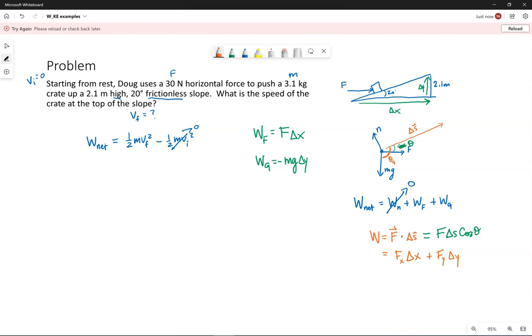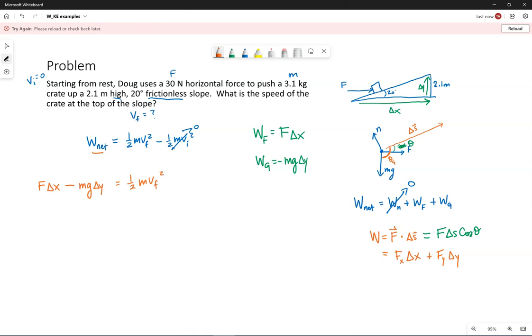All right, so for my net work, my pushing force F, delta X means the horizontal displacement. Work done by gravity is negative because the force of gravity is opposite that upward motion, so it is going to be removing energy.